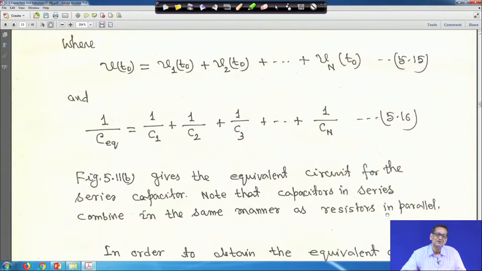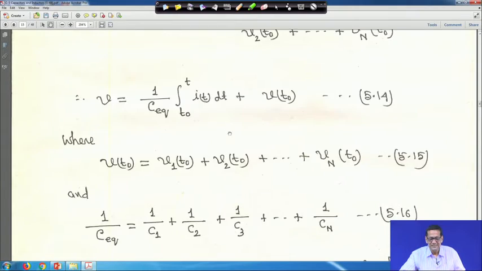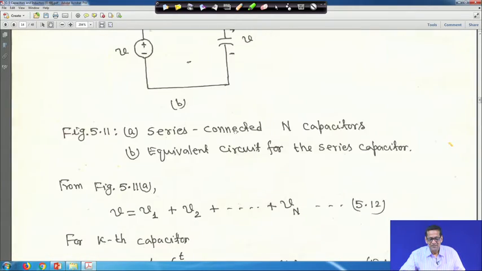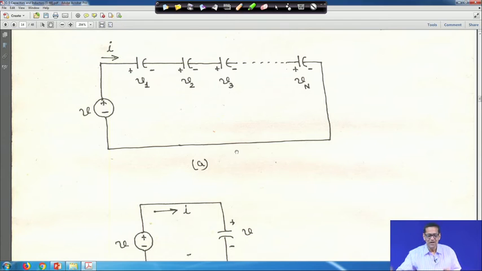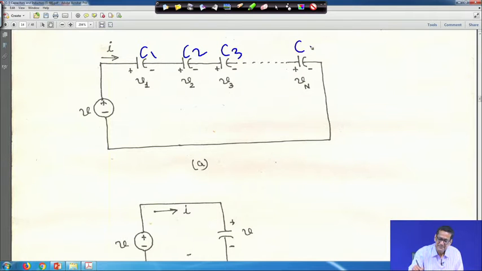The way we find equivalent resistance in parallel, for capacitors we can compute the same way when they are in series. That means here you have capacitors C1, C2, C3, then Cn, and this capacitor is C equivalent.